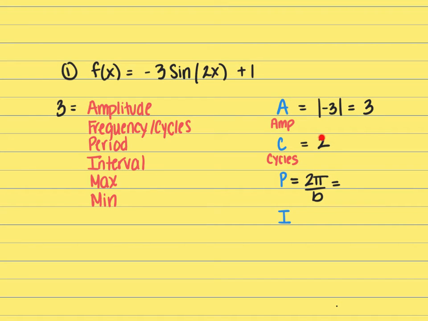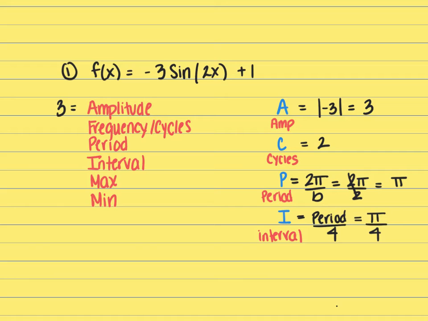Since we just found the cycles to be 2, it's 2 pi over 2, which we can simplify by crossing out the 2's, and we're just left with pi. I stands for interval, which we discussed before as period over 4. We calculated that the period is pi, so we divide that by 4. So pi over 4 is our interval, how we would set up our x-axis.